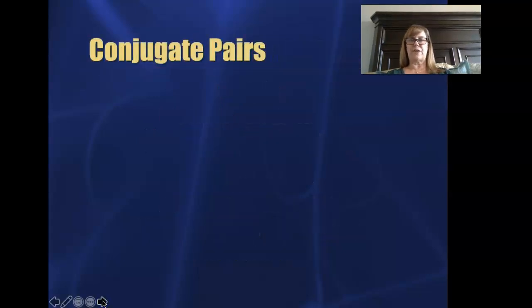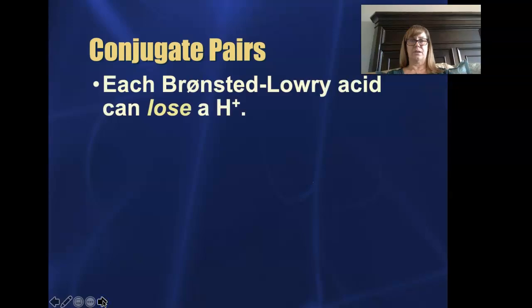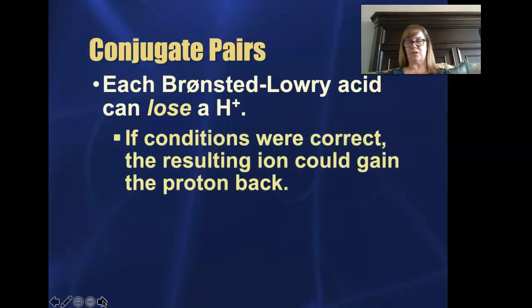So therefore, there are now these conjugate pairs. Each Bronsted-Lowry acid can lose a proton. Every Bronsted-Lowry base can accept the proton, right? Likewise, it could reverse, right? That base who now has a proton attached could all of a sudden donate that proton back, and the substance that lost the proton now has a way to accept it back.